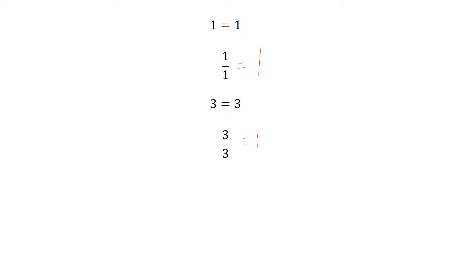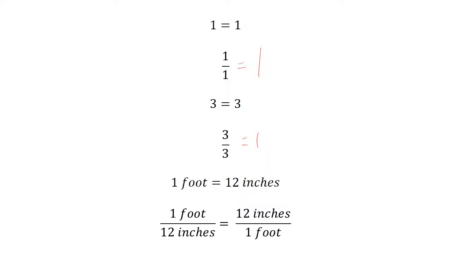So we're going to take that idea and use units in it. So if 1 foot is equal to 12 inches, which we know that it is, then we can take that 1 foot and divide it by 12 inches, or the other way around, we can say 12 inches divided by 1 foot. What do all of those equal? They have to be equal to 1 because we are dividing a number basically by itself, right?